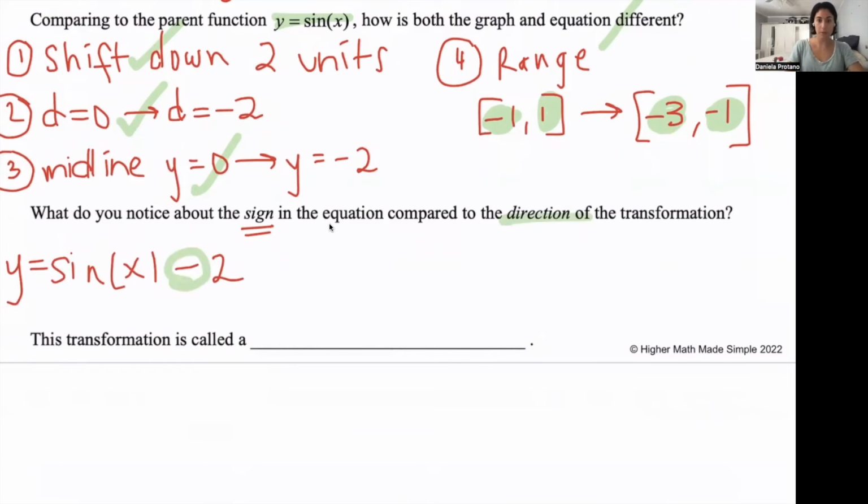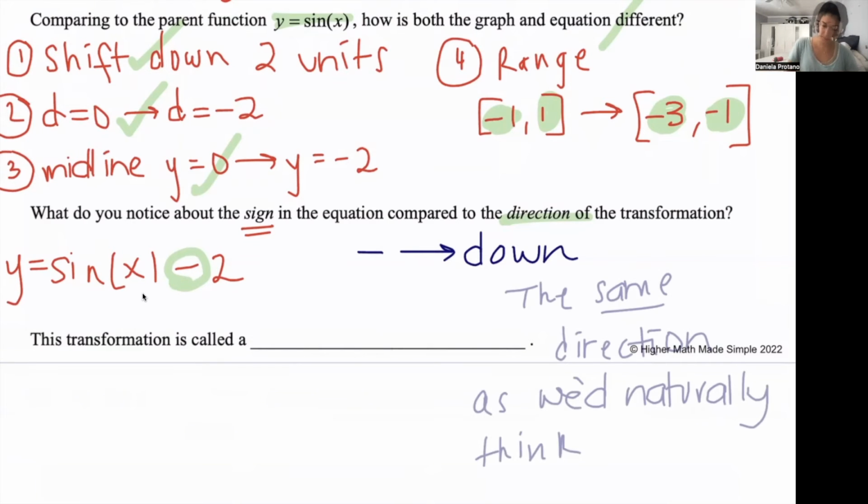So that would imply that the minus sign correlates to moving down. And that's the same direction as we'd naturally think. Later when we do the horizontal transformation, it's going to be the opposite of what we think. We'll talk about that a little later, but let me write this down. If the d value is plus, we go up. If the d value is minus, we go down. So it makes sense in our heads that that would be the case.